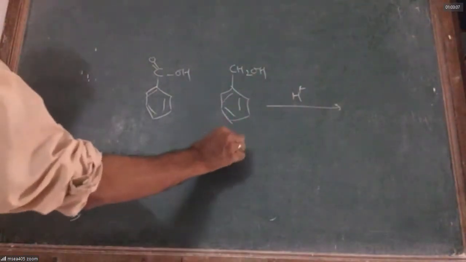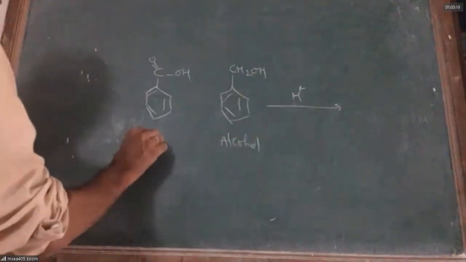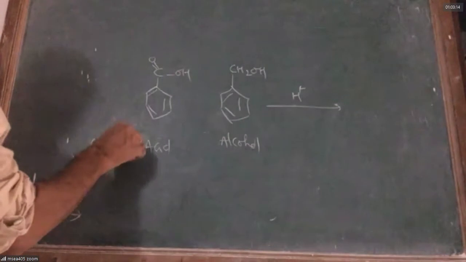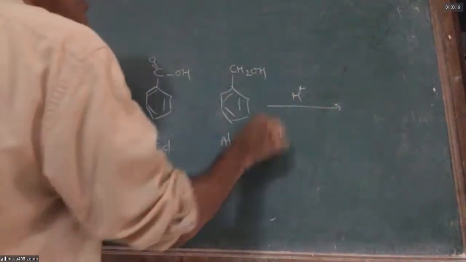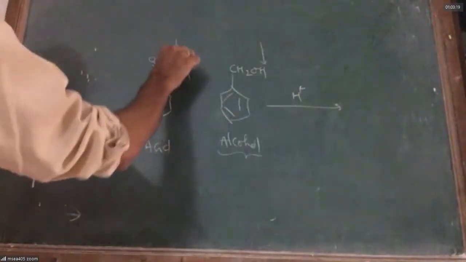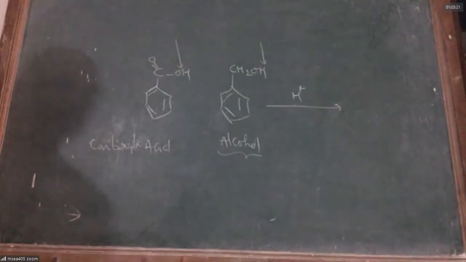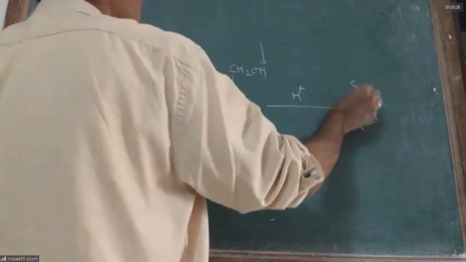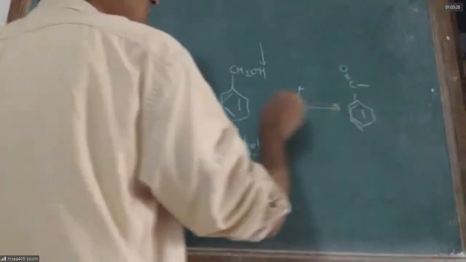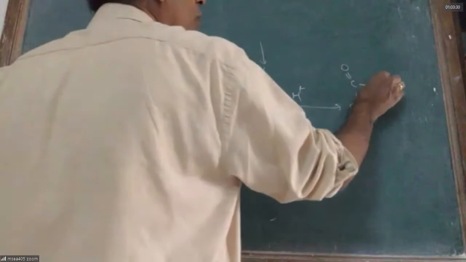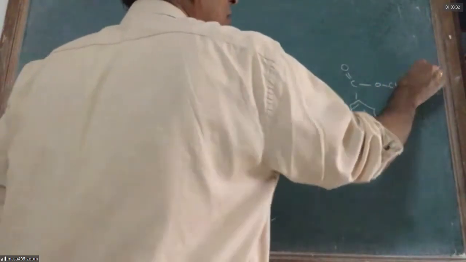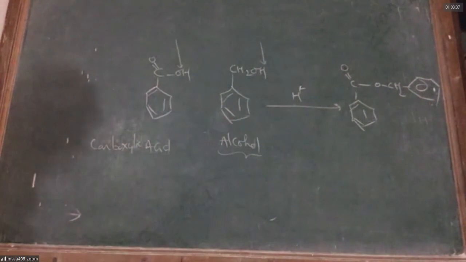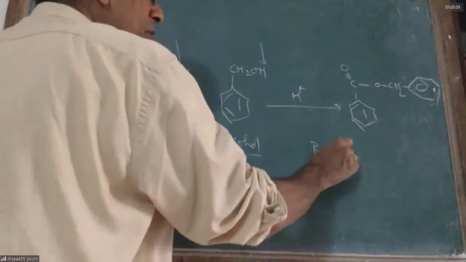When alcohol and carboxylic acid react, the alcohol gives H plus, the carboxylic acid gives OH minus, and water is lost. So the OH of the carboxylic acid is replaced by OCH2. Can you see it? This is called benzyl benzoate.